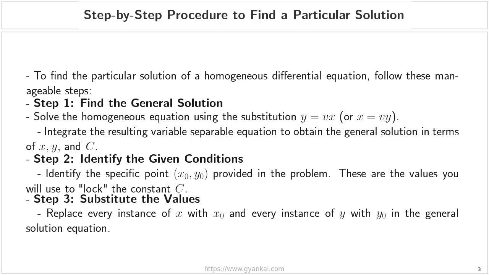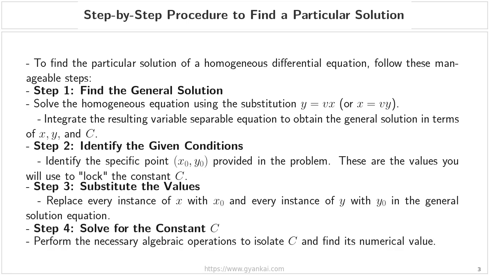Now, take that general solution you found in step 1 and replace every instance of x with x0 and every instance of y with y0. Step 4 is to solve for the constant C. Once you've performed the substitution, you'll be left with an algebraic equation where C is the only unknown. Use your algebraic skills to isolate C and find its exact numerical value.